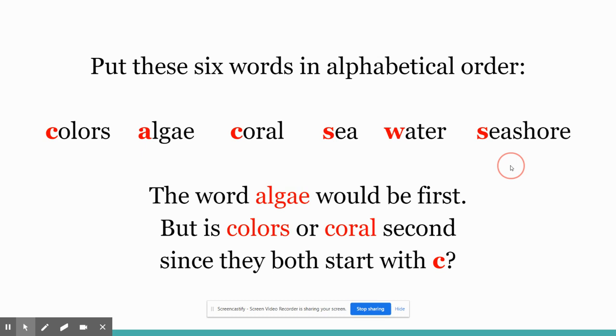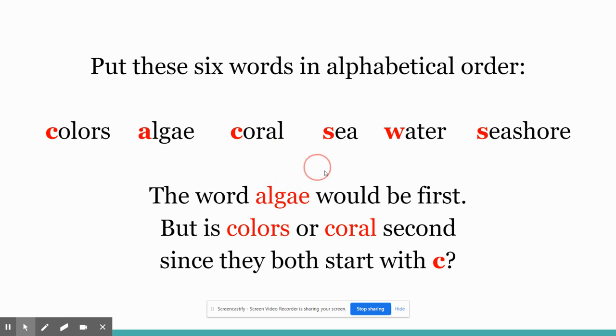So let's back this up a moment. Our first word would be algae because it starts with an A. No other words start with A. Our next word would be colors and then coral, even though they both start with C-O, C-O-L comes before C-O-R. So algae first, colors second, coral third.